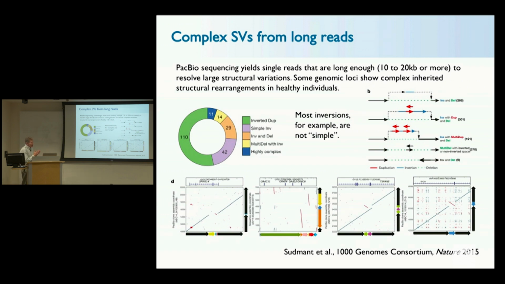I also want to highlight that another thing long reads have revealed is that occasionally there are complex rearrangements in humans. Sometimes there are parts of the genome that are inverted. It turns out that a lot of the inversions get associated with more complex rearrangements, where parts of the genome will be duplicated or locally shuffled.